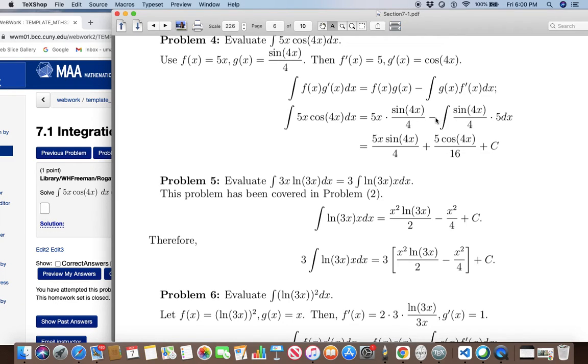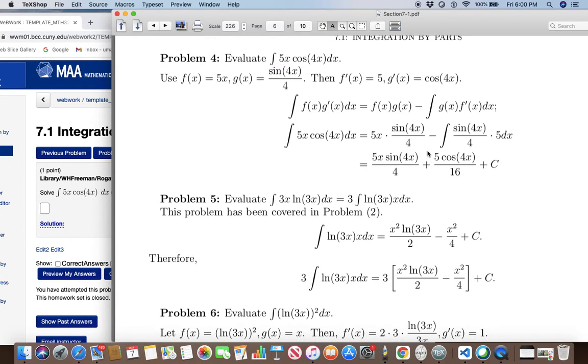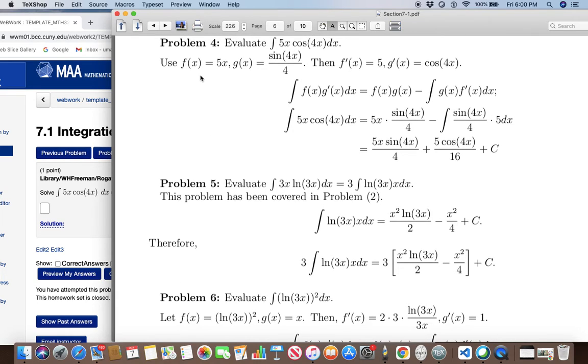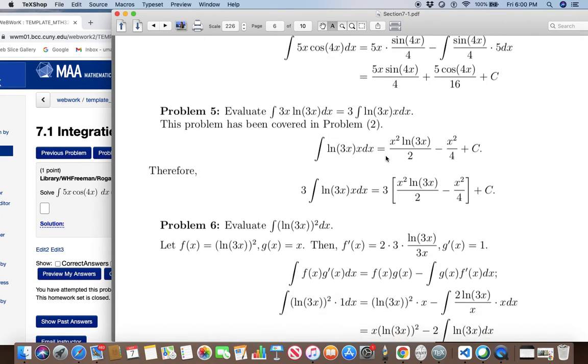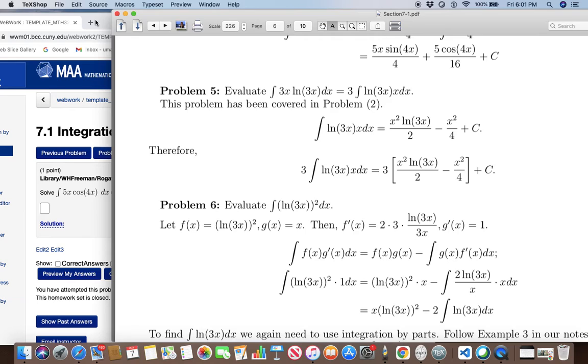So that negative and this negative make this positive. All right. In this case, notice we didn't have to integrate several times because f prime was simply a constant. So there was no harm done. Okay. So this is our final answer.